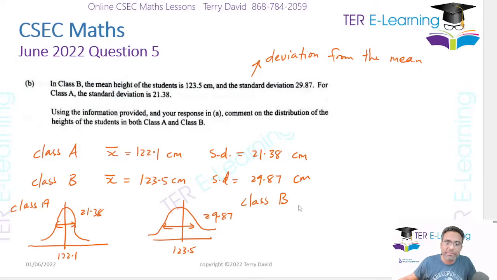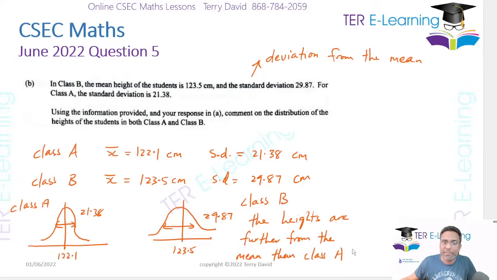So in the case of class B, the heights are further from the mean than class A. So we can say class B, the heights are further from the mean.